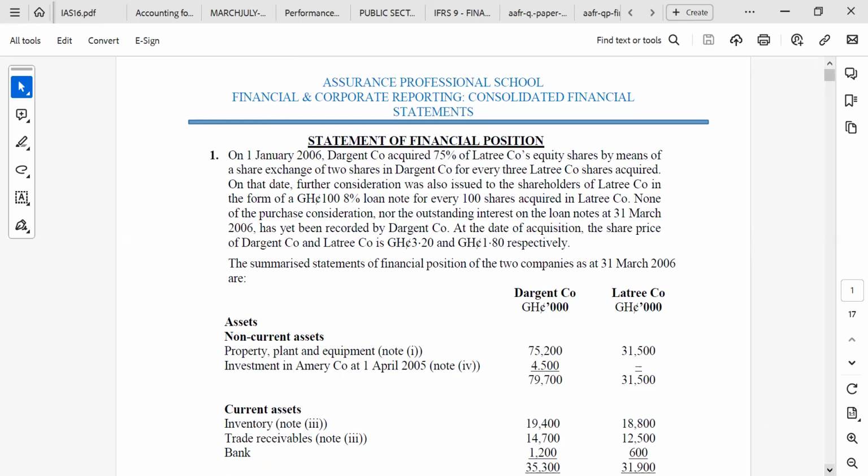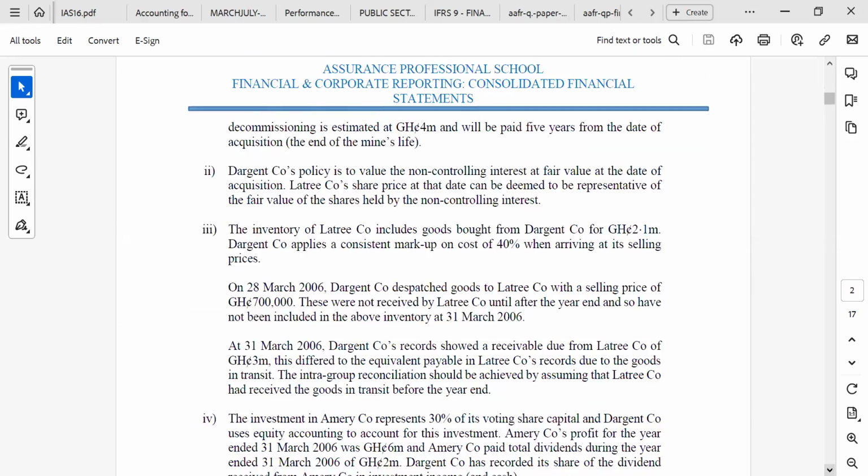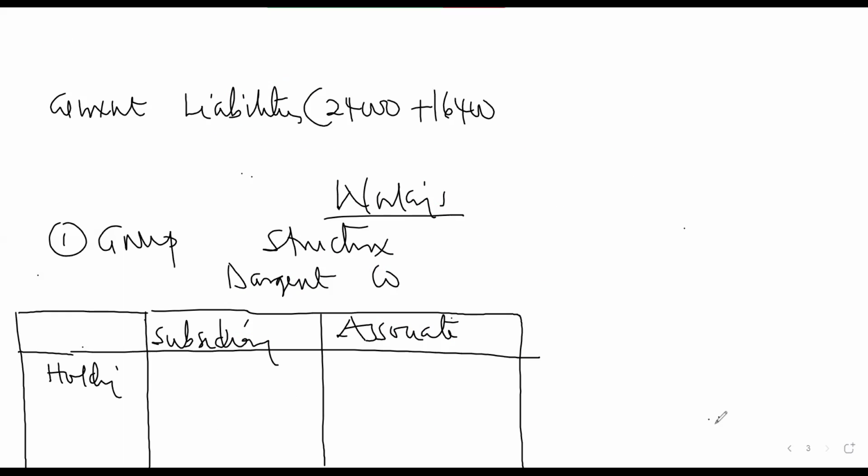Then we come to the associate, which was purchased some time ago. The associate is 30%, footnote 4. Please, there is no format for this particular group structure. So you can just put it in a table form and move on.